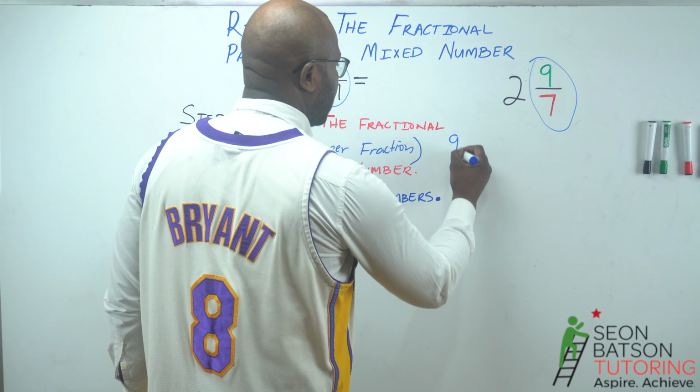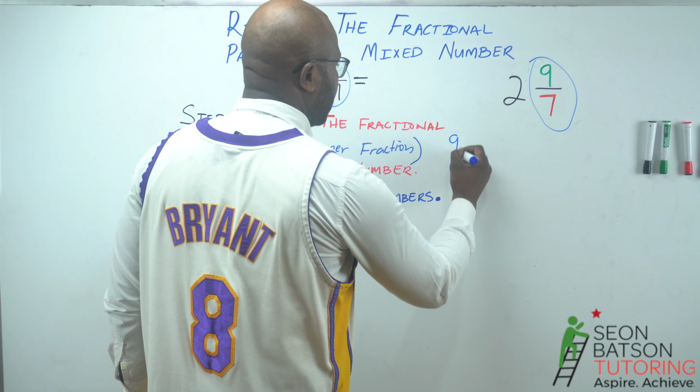We will add the whole number from the old or original mixed number to the whole number we got when we changed the fractional part, 9/7, to a mixed number.